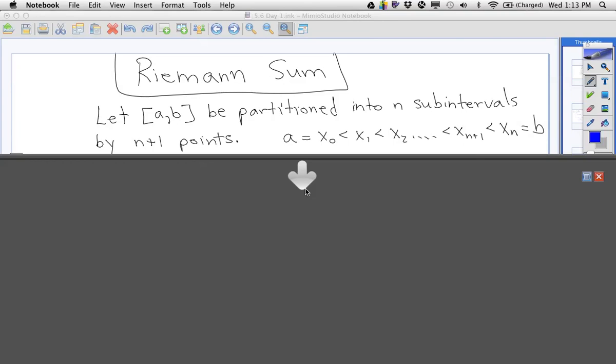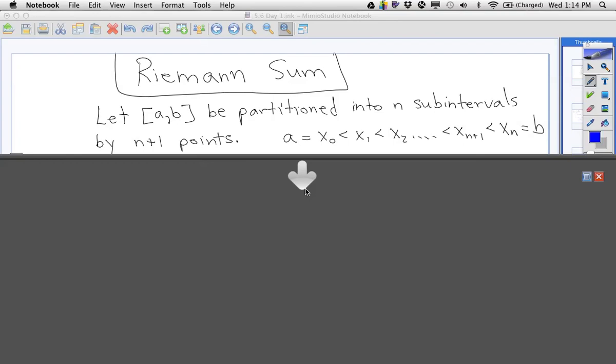Now this next part is notation, just like we used a and a plus h in our derivative thing. A and B are our left and right edges. We want to divide that into n subintervals, so we need n plus 1 points, right?